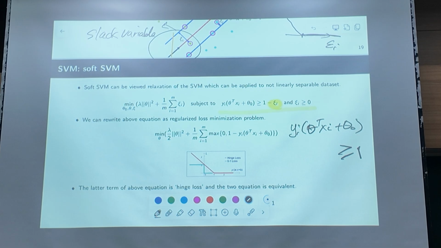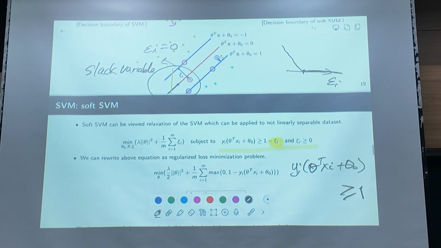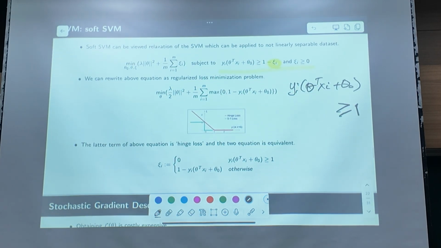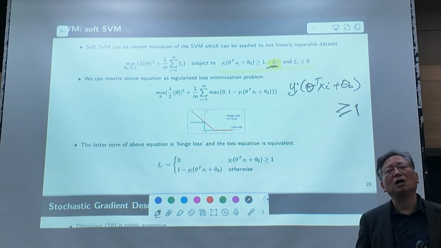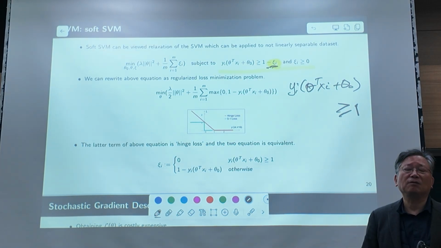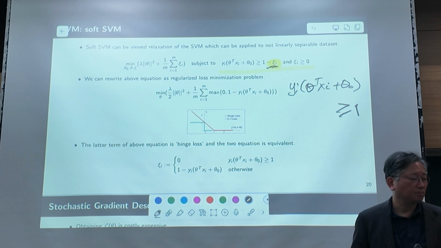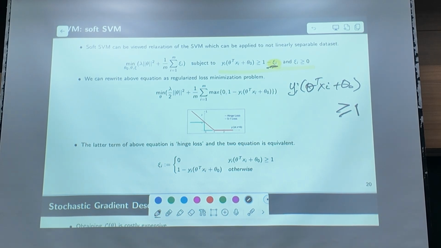That's the functional margin of all the training data, because none of the data was within that forbidden region. But now I'm defining psi i, I'm going to allow some of the data, in fact, I'm going to allow all of the data to be within that region. Okay? And I'm going to say psi i is always non-negative. Okay? It's just the distance.